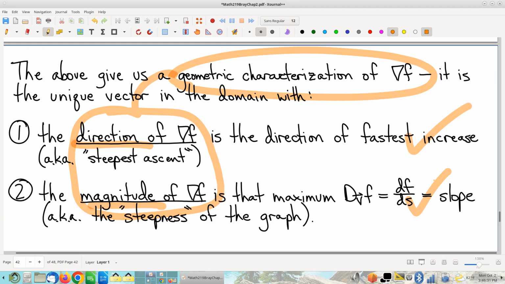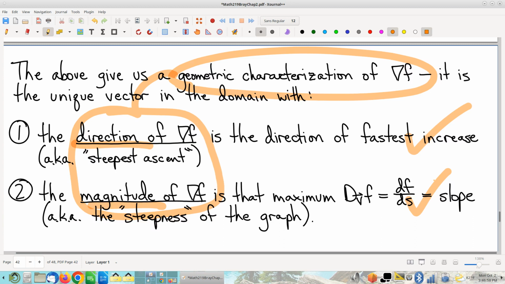I can think of the gradient as a geometric thing. The gradient is a thing whose direction and magnitude satisfy certain rules: direction being fastest increase, magnitude being the rate of change. So we are now able to think of the gradient as a geometrically natural thing.